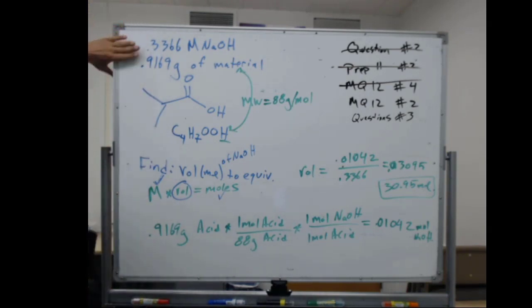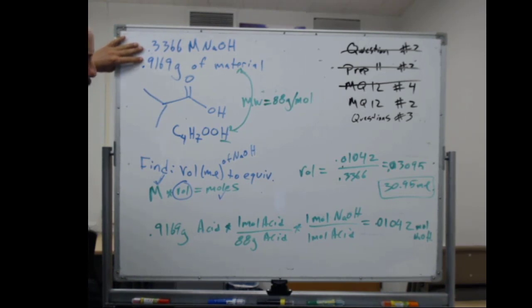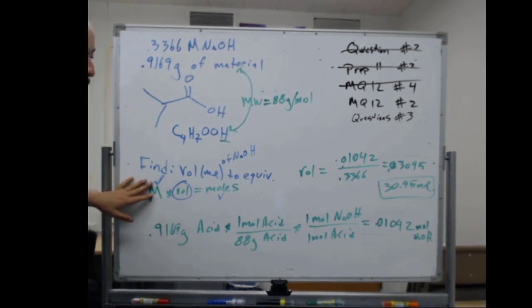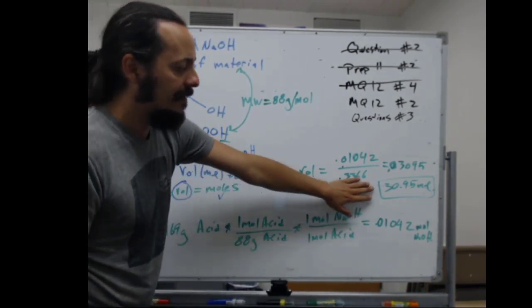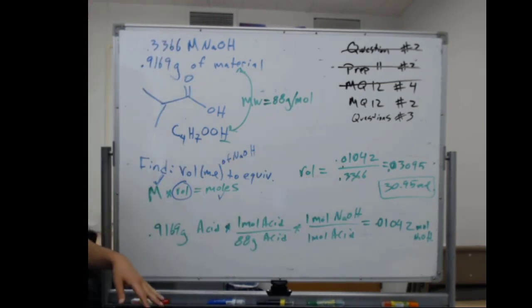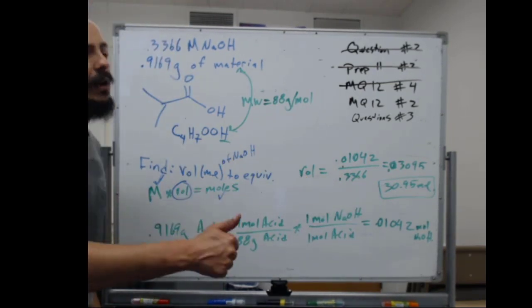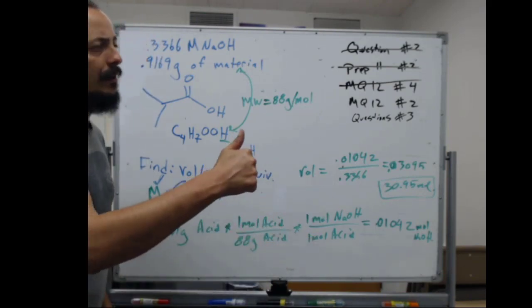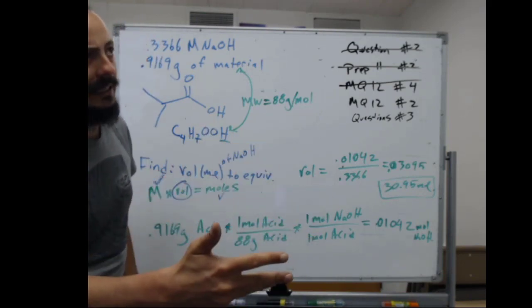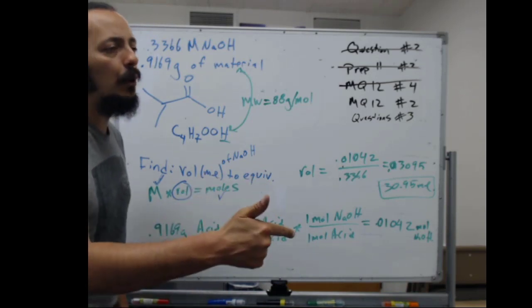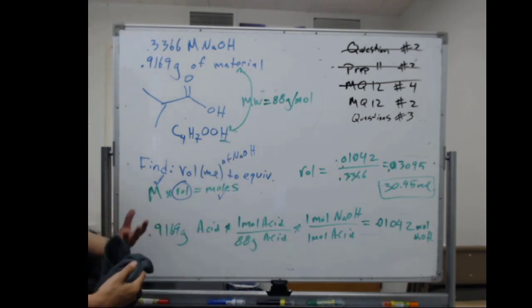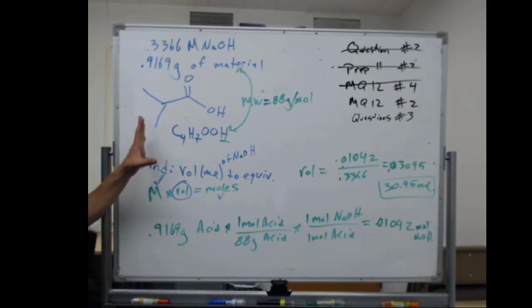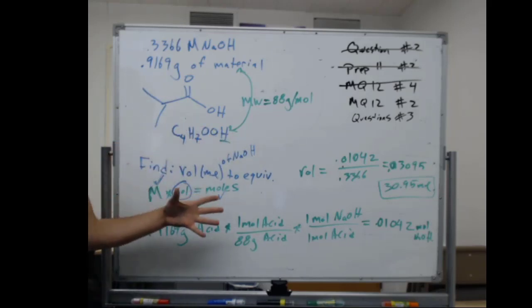You convert from the easily measurable values to the chemically relevant values back to the easily measured values. So you're going to go like grams, moles, moles, grams. Or you're going to go like grams, moles, moles, liters. Or you're going to go like liters, moles, moles, grams. And you're always going to have that switching back and forth. Questions about this before we move on?